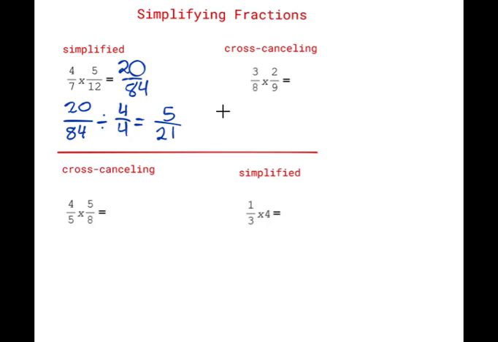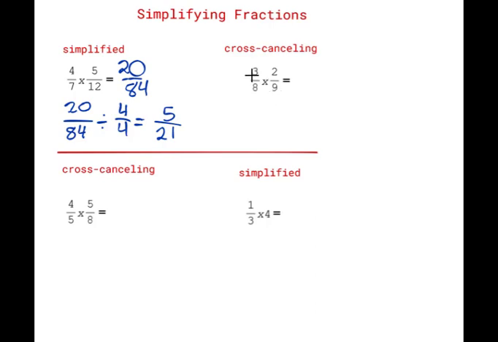I'm going to show you another way of simplifying a fraction before we actually do the multiplication, and that's called cross-canceling. So the first thing we're going to do is we have 3/8 times 2/9. We're going to look at the opposite numerator and denominator to see if they have common factors.